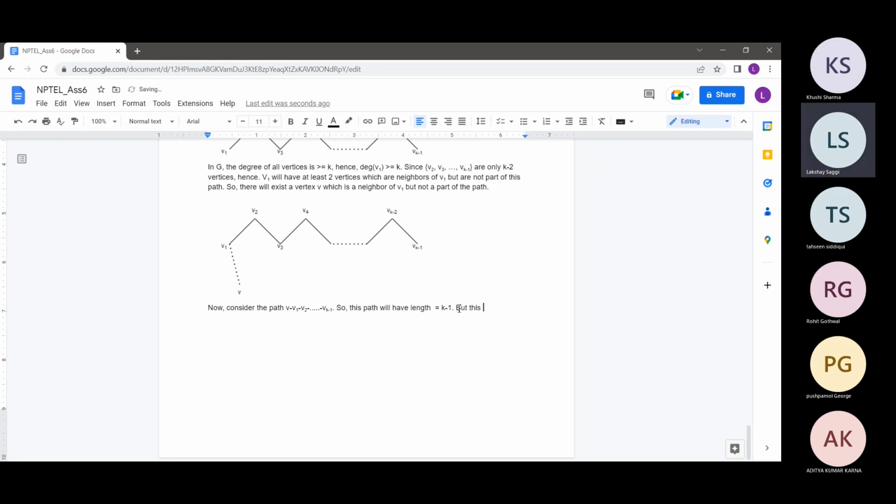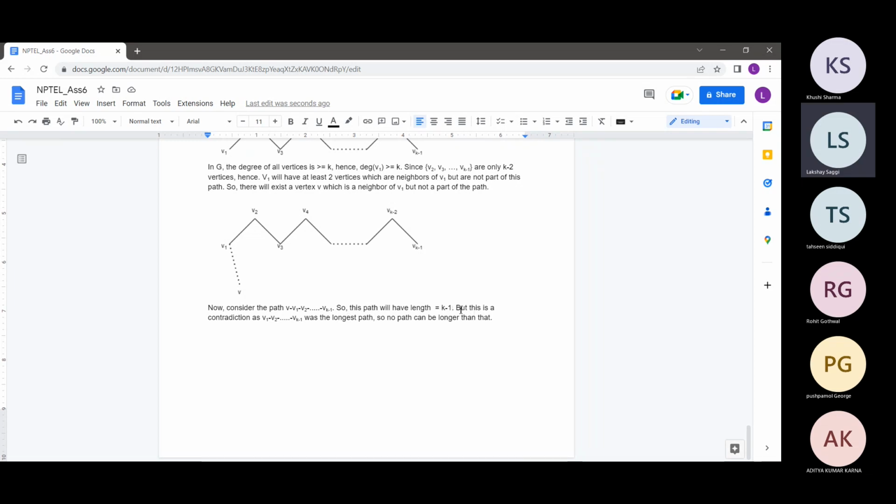This is a contradiction, as V1 to Vk minus 1 was the longest path, so no path can be longer than that. Basically, I have obtained a path from V up to Vk minus 1 which has length k minus 1.